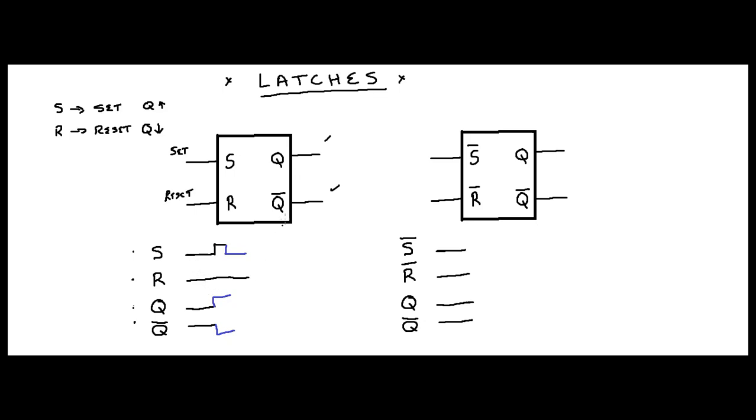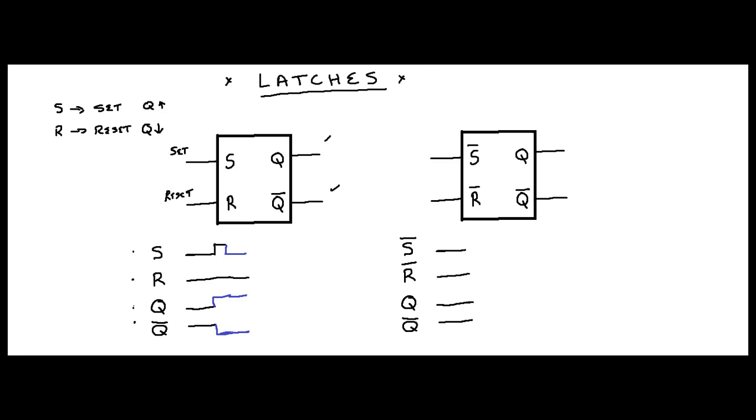Okay, so Q would remain high as it is here. Q bar would remain low as it is here. Okay? Now, I'm sorry for this not being perfectly neat. I'm doing the best I can at trying to draw these things for you. But I think you get the idea, right?